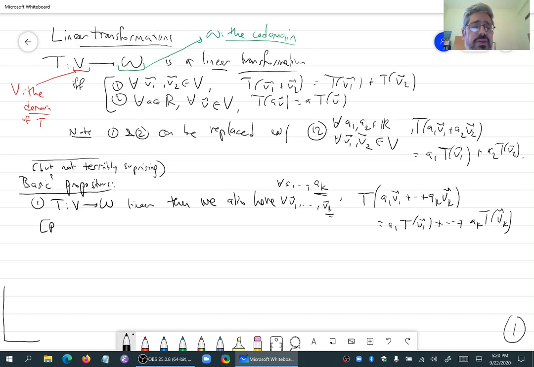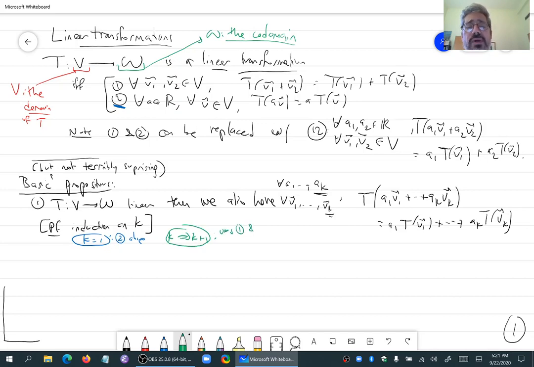So, the proof of this is by induction on K. The original case is when K equals 1, and then that's the statement which is in blue, the thing above, and then from K to K plus 1, that's the inductive step, uses 1 and 2, or if you like, 1, 2.